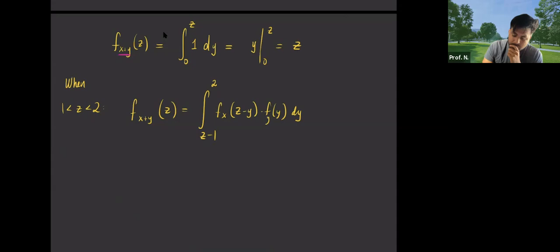And this is 1 and this is 1. So we're really integrating from z minus 1 to 2 of dy. So y goes from z minus 1 to 2. I get 2 minus z minus 1.